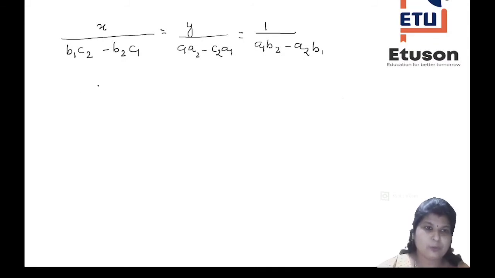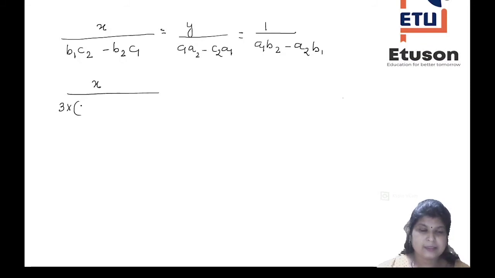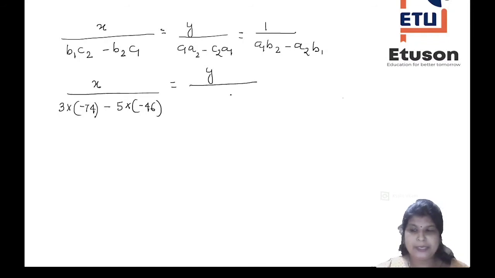Correct? So in this form we are going to write. So x divided by b1 into c2. What is b1? b1 is 3, right? So 3 into minus 74, minus b2. What is b2? b2 is 5, right? So 5 into minus 46, is equal to y divided by, what is c1? c1 is equal to minus 46, correct?